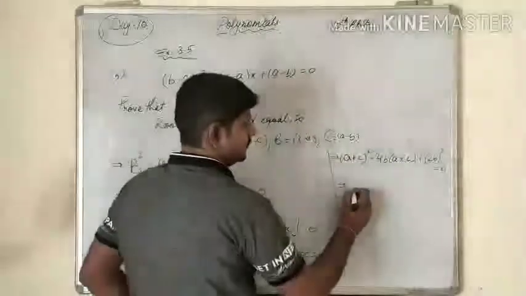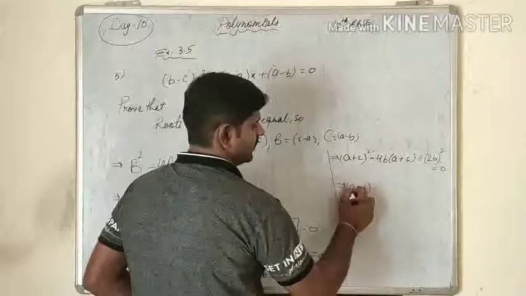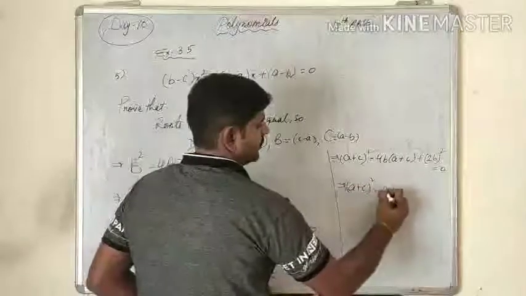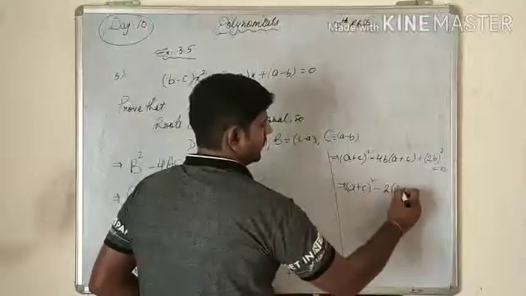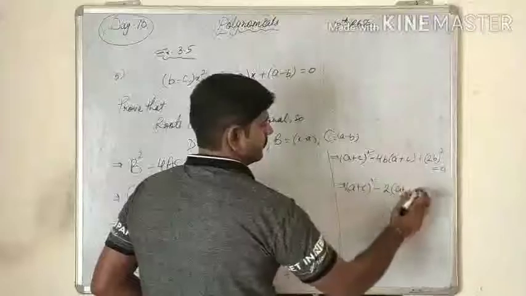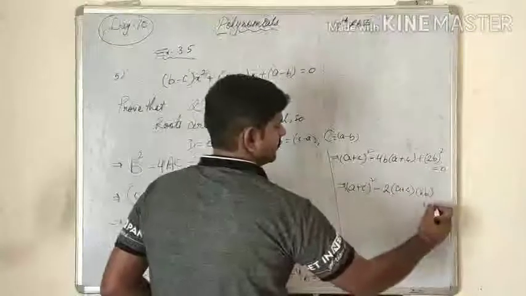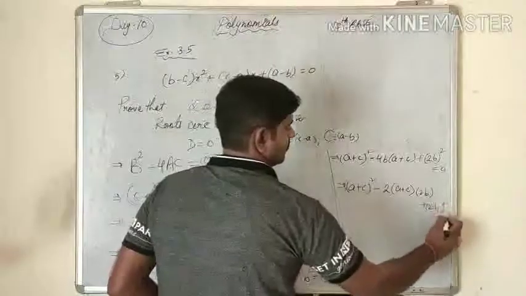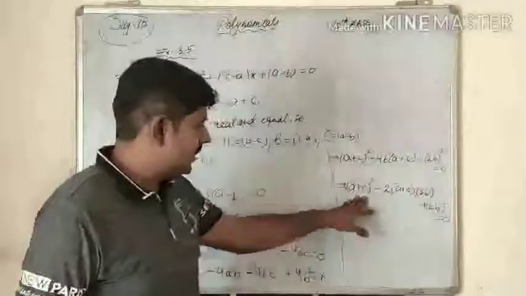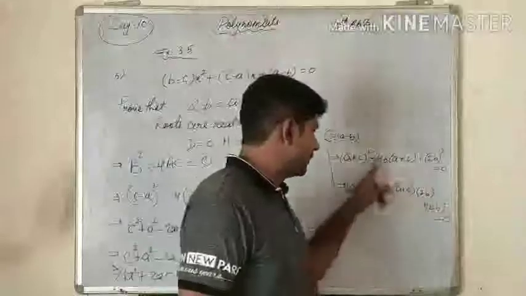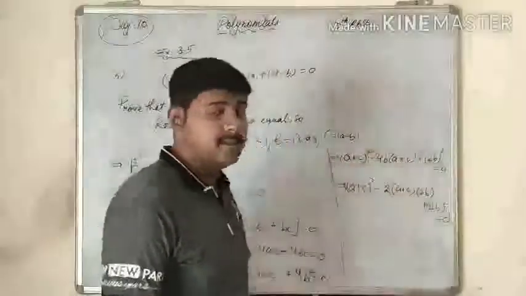So if we observe, this is a plus c whole square. This 4b can be written like 2 into a into b, which is this. So this is a square minus 2ab, their product also same, and this is b square.